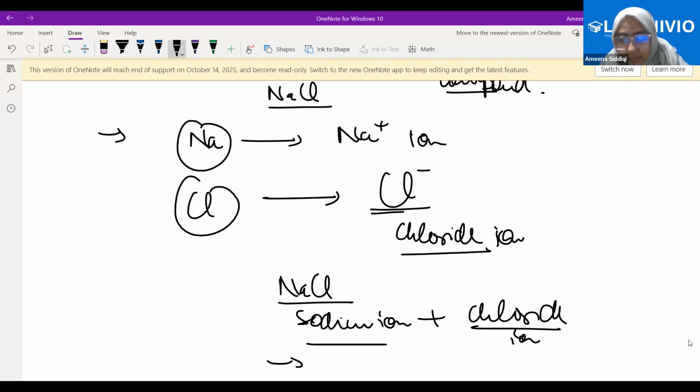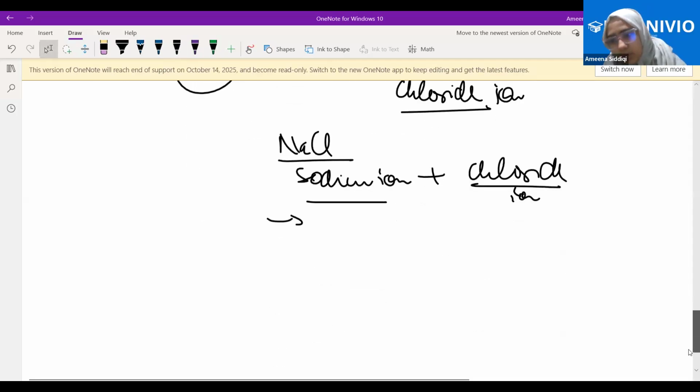If chloride is there, it already represents the ionic form, right? Yes, ma'am. That is fine. So therefore, we get the name of the compound as sodium chloride.